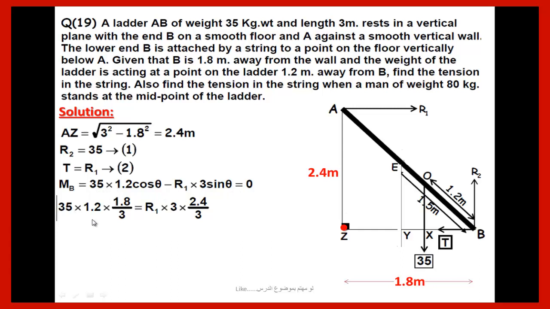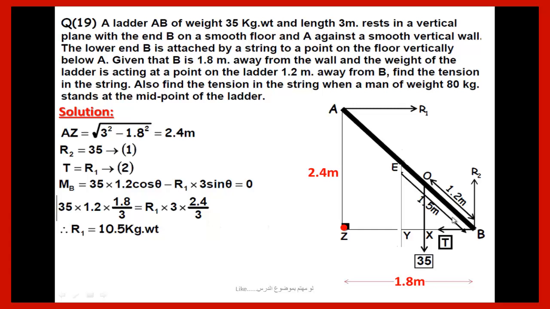Cosine theta equals BZ over 3, adjacent over hypotenuse, which is 1.8 divided by 3.